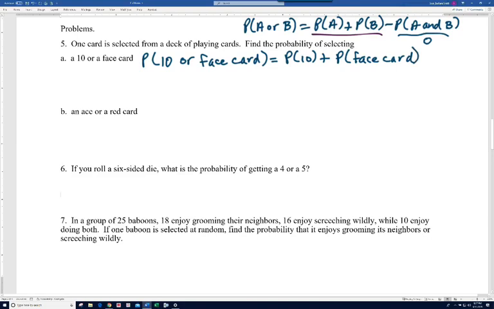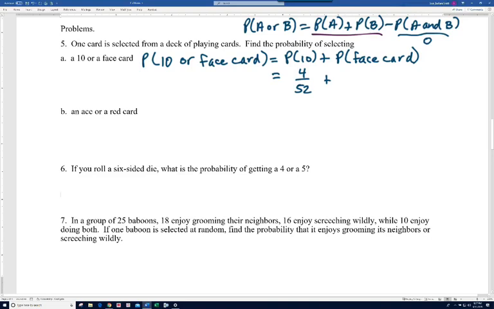Now I think in your book they might call these picture cards. Picture card, face card, same thing. So the probability of getting a 10, well, there's 4 10s in a deck of 52 cards. So 4 out of 52. The probability of getting a face card, remember there's the Jack, Queen, and King, but there's 4 suits.